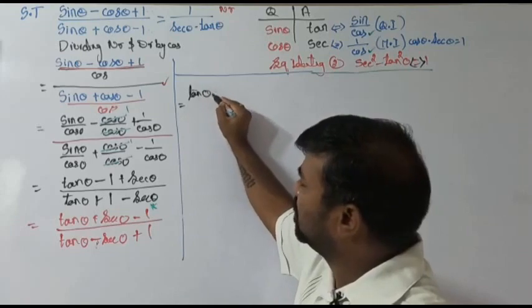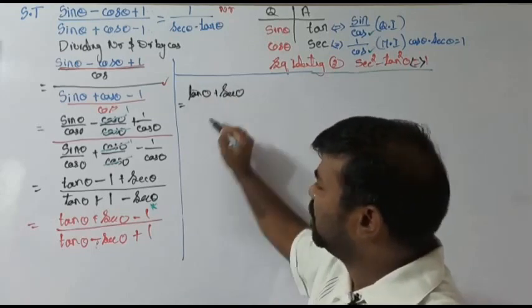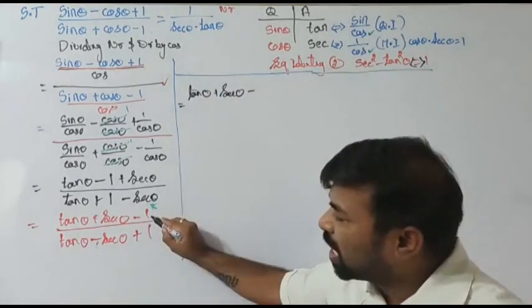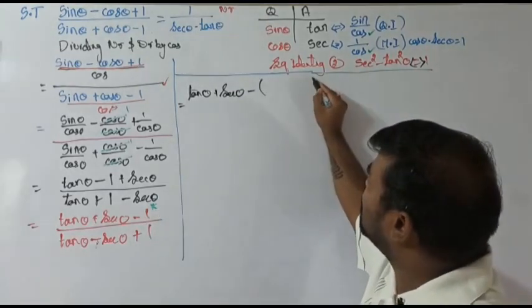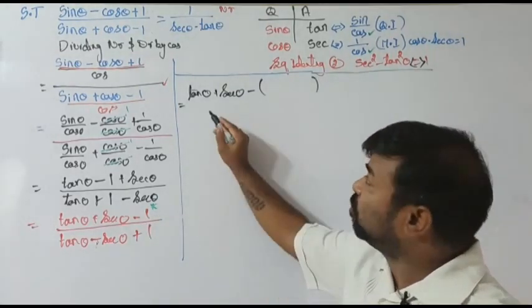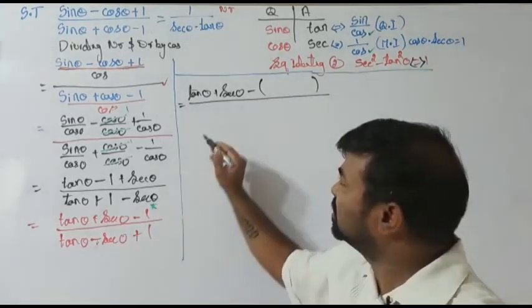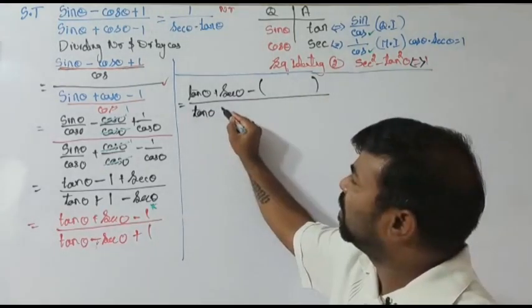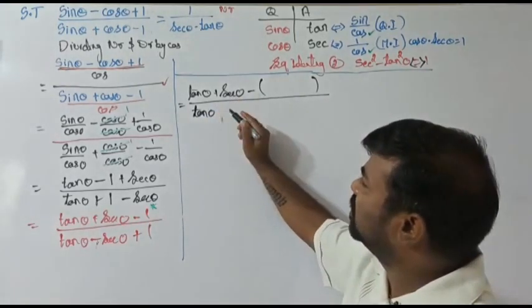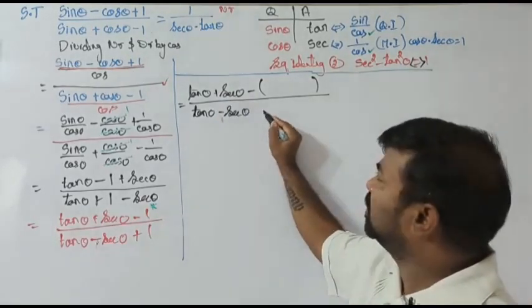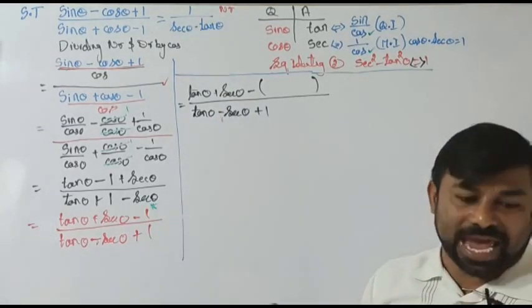So the 1 present here, the remaining all I am writing like that: tan theta plus secant theta, the minus is there. Now the 1 which is present there, I kept a big bracket there, right? Of course, the remaining all as it is: tan theta minus secant theta plus 1. The remaining all is there.